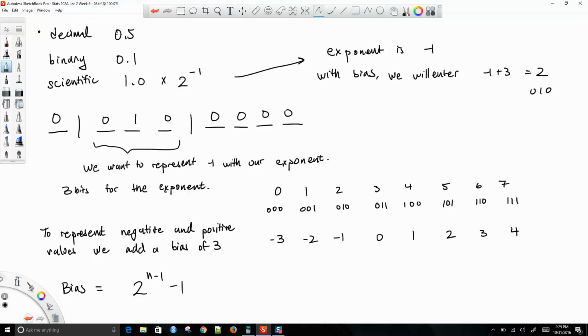All right. So in double precision, what is the bias we would use? In double precision, we have 11 bits for the exponent. So the bias we would use would be 2 to the 11 minus 1, minus 1. With 11 bits, you can represent a total of 2048 values. We would half that and get 1024, and subtract 1. So our bias is 1023.